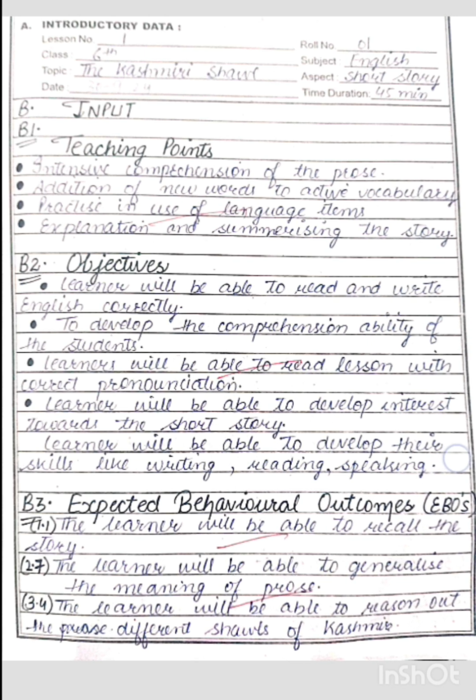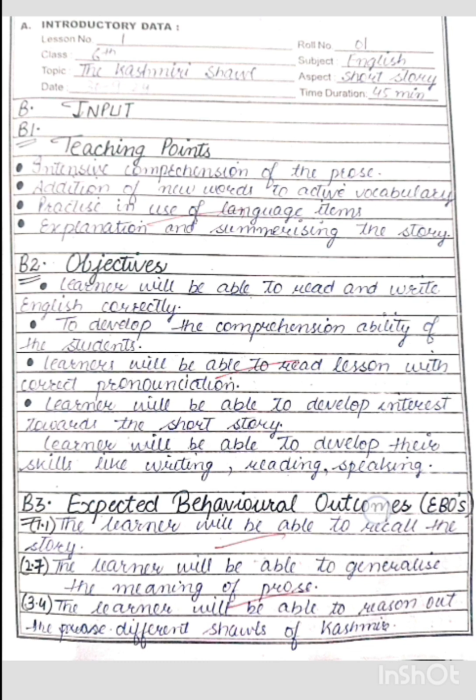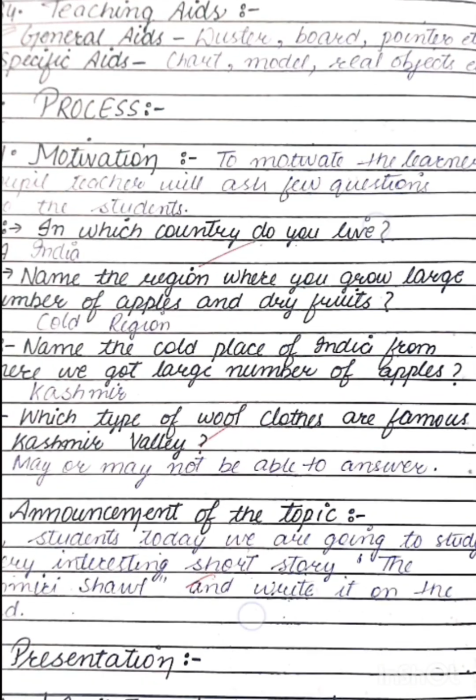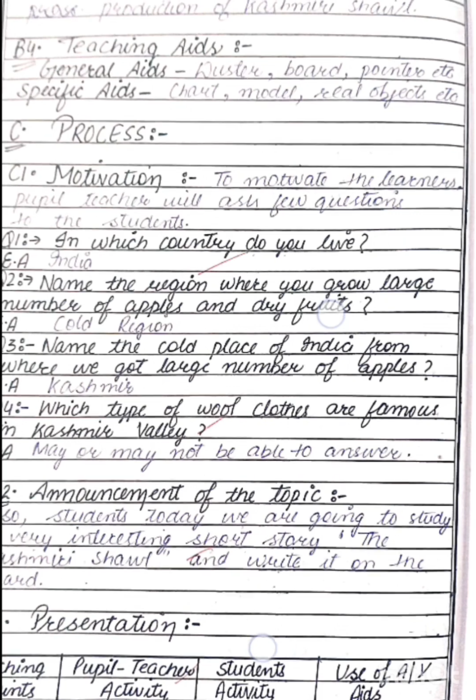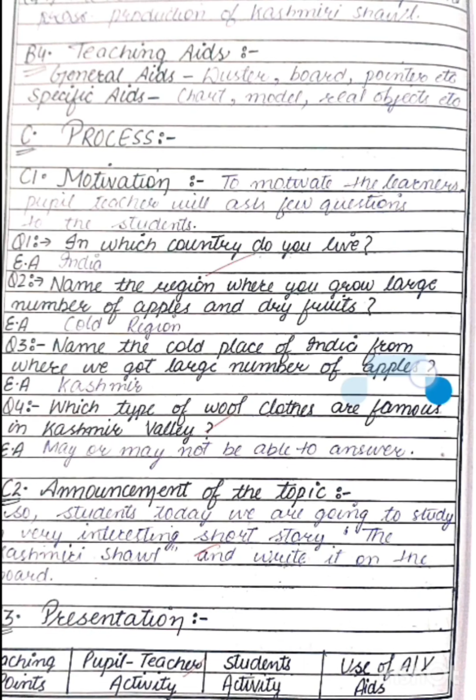The third one is 3.4: the learner will be able to reason out why the shawls of Kashmir are different. The fourth one is that the learner will be able to analyze the production of Kashmiri shawls. So these are some important teaching points or EBOs.